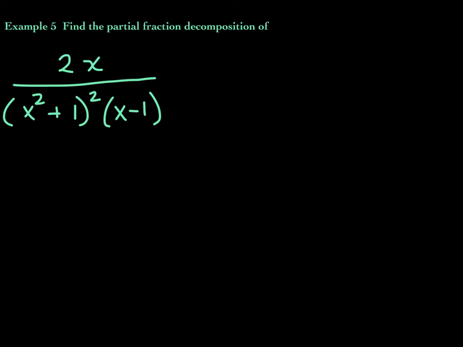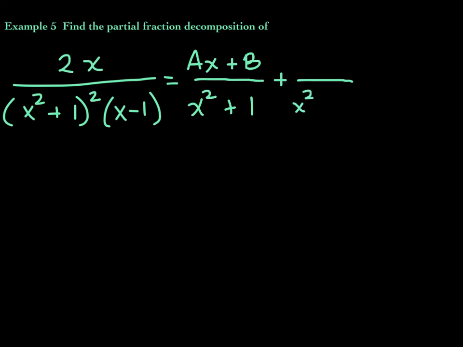So here we go. This must be written as the following. The first factor I'm going to use is this quadratic factor, x squared plus 1. Because that denominator is quadratic, the numerator must be linear, so degree 1, so ax plus b. Now I have to account for the repeated quadratic factor, x squared plus 1 squared.